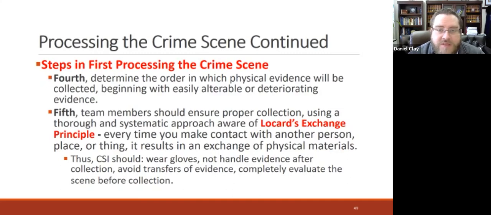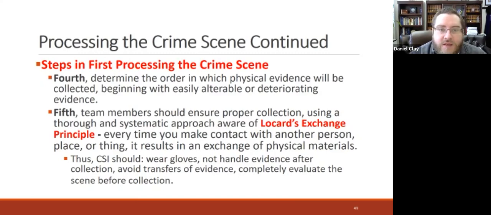Right? So think about a car accident, where one car is red and one car is white. The red car is going to have a white streak on it from the white paint from the other car, and the white car is going to have a red streak. That's the exchange, right?